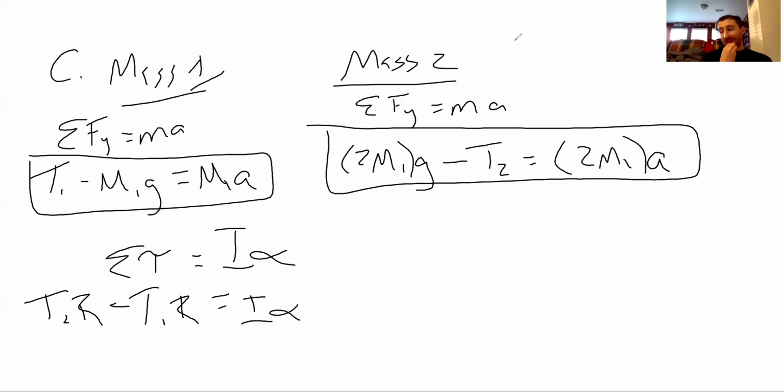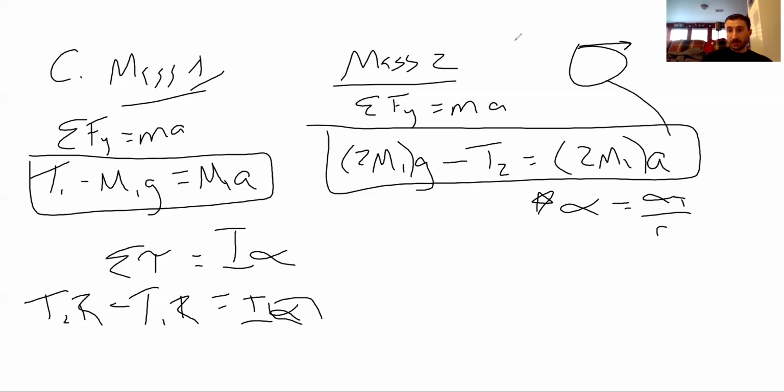Now what we need to do is work toward getting the acceleration. If you remember, this is an equation you've got to remember: angular acceleration is equal to tangential acceleration divided by the radius. Tangential acceleration, in this case, remember it's tangent to the circle, is the same acceleration as we're talking about here and here.